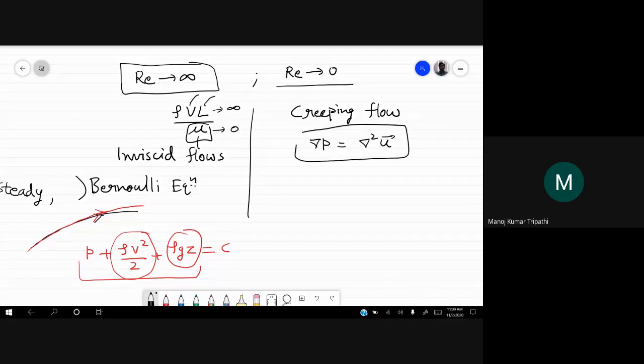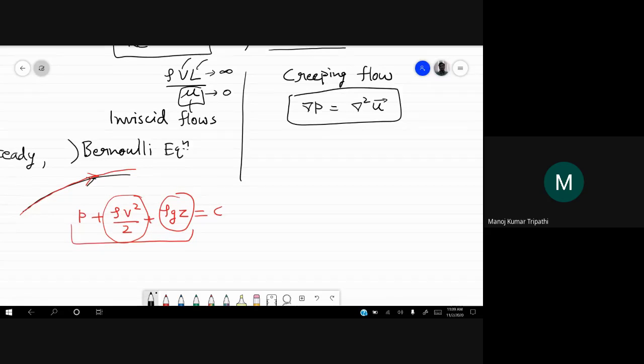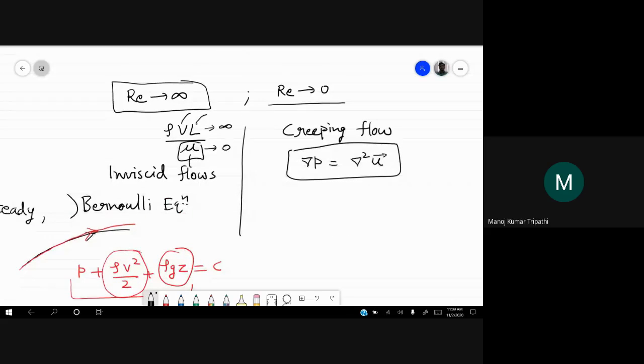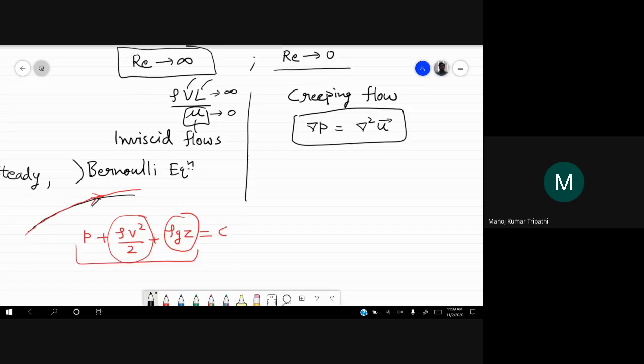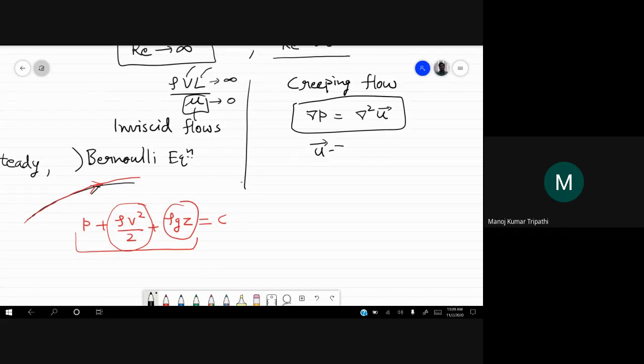And the Reynolds number term that we took to one side, we put Reynolds number equal to 0 while deriving this equation, so that all the acceleration terms, the time term as well as the u dot del u term, go to 0. So that was creeping flow.